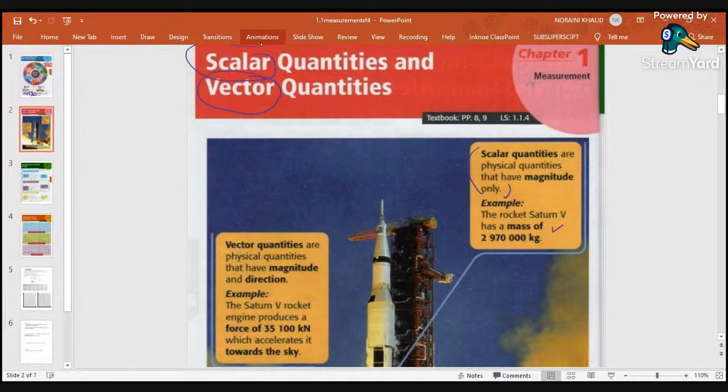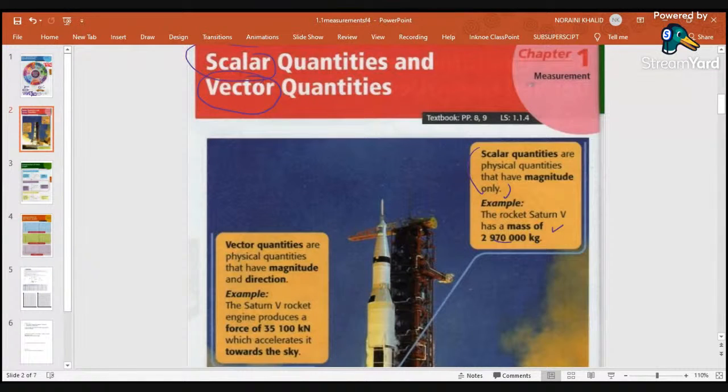So no need to mention direction, just mention the magnitude or the value only. Okay. Other example is like time taken, okay, distance, speed.